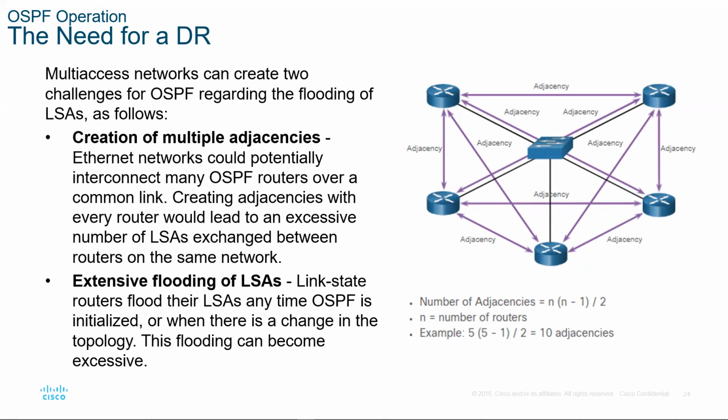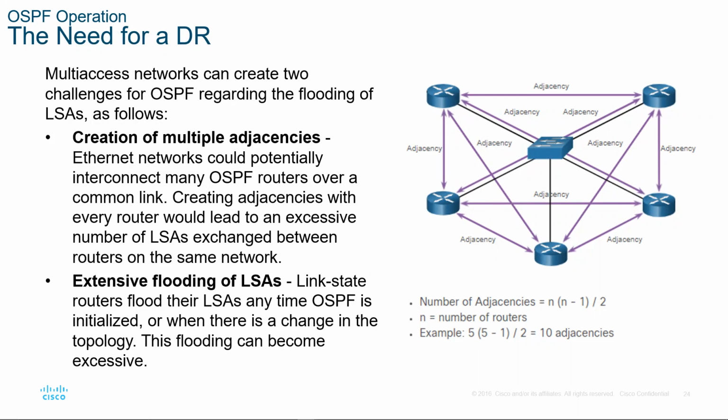Why do we need a DR, a designated router? We do this because the number of adjacencies that are required increases exponentially as we get more devices. So it becomes a bit of a mess as to who's going to control messaging. It's much easier if we have a central point to manage the updates.